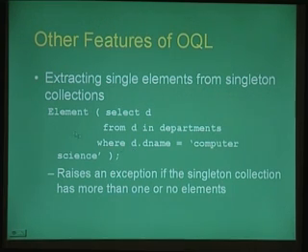That is the use for such a declaration. Of course, such a declaration will raise an exception if this query actually returns more than one element, or on the contrary does not return any elements at all. That is, if there is no department called computer science, or two or more departments have the name computer science.